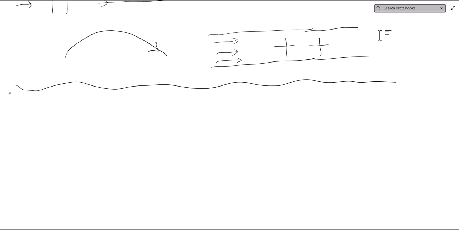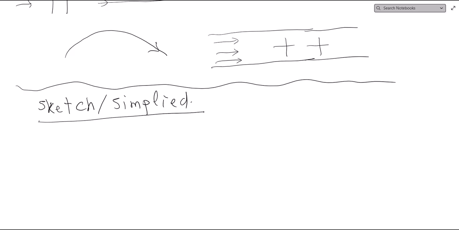But let's go with a very simple sketch here, simplified, I would say. I would like to establish the concept before going into the complexity of the mathematics or even the fluid flow. Let's say that we have an object, say a line, a bar, for example.